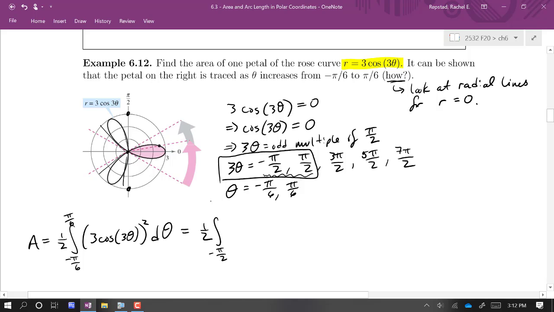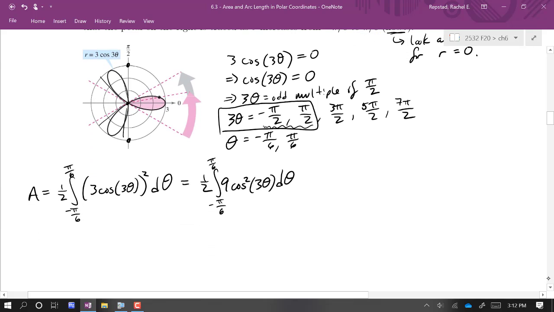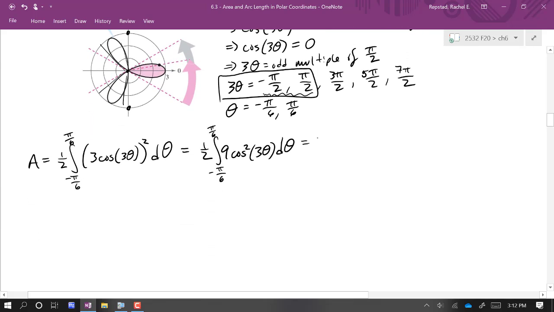I'm just going to square that. So it'd be 9 cosine squared 3 theta. I'm going to pull the 9 out. So 9/2 times the integral from minus pi over 6 to pi over 6 of cosine squared 3 theta.